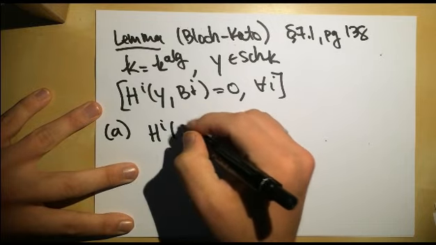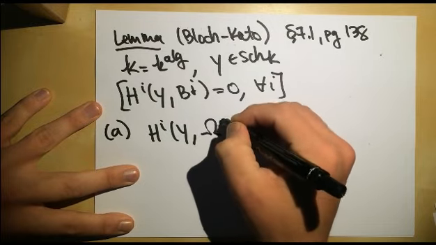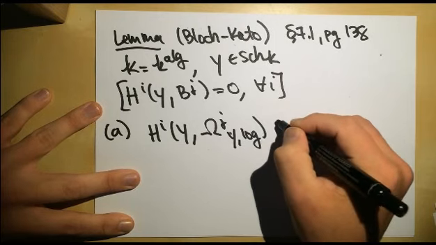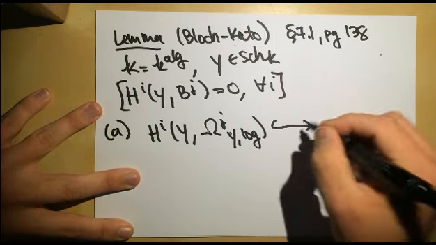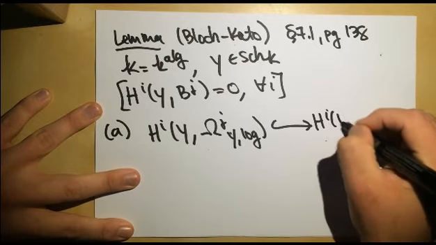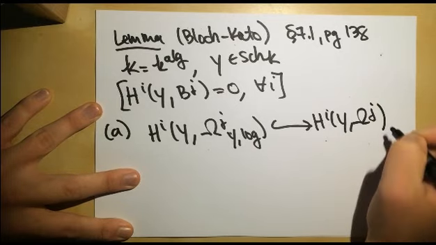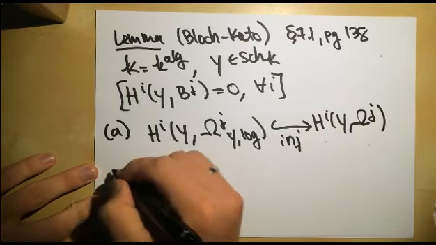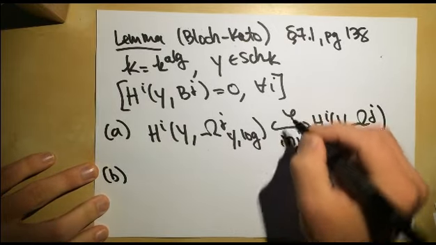The map that you have that's injective is this one here, log, into the other thing that you have. So this is injective. Okay, we call this phi.